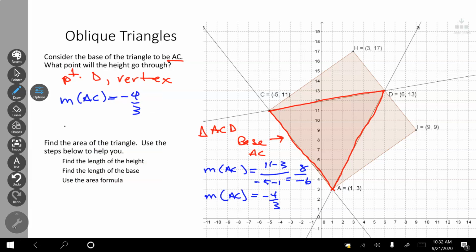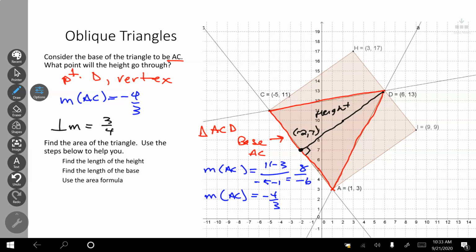So when I need a perpendicular slope to that, it's 3 over 4. So instead of going up 3 and over 4, I'm going to go down 3, 1, 2, 3, and over 1, 2, 3, 4. And then again 1, 2, 3, 1, 2, 3, 4. And I get my nice little perpendicular, because that's the idea of the height. This is my height. This point here is negative 2, 7. I'm going to have to use that at some point.